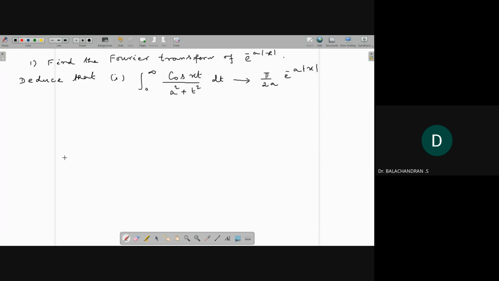The third subdivision is the Fourier transform of x into e power minus a into mod x.